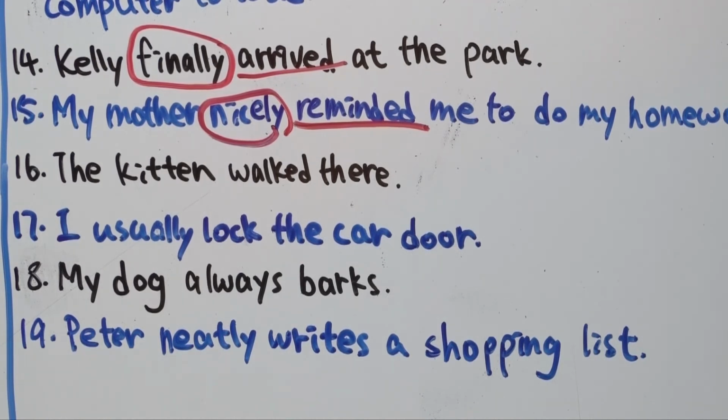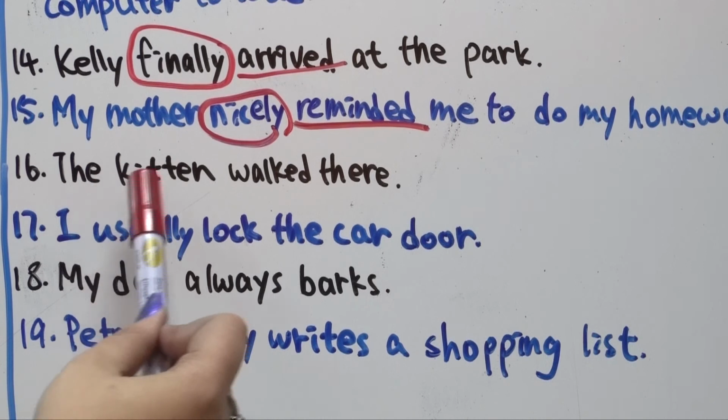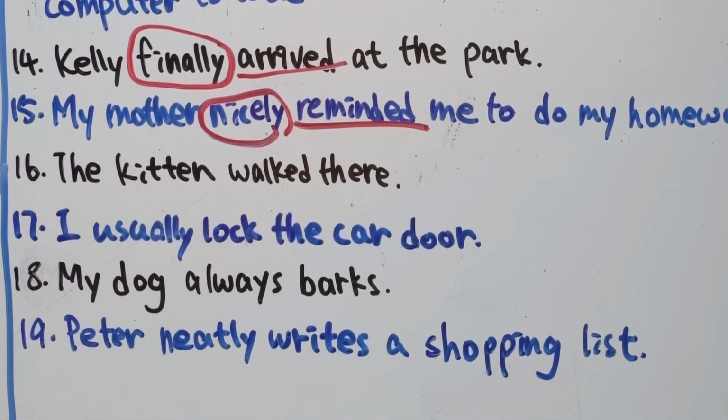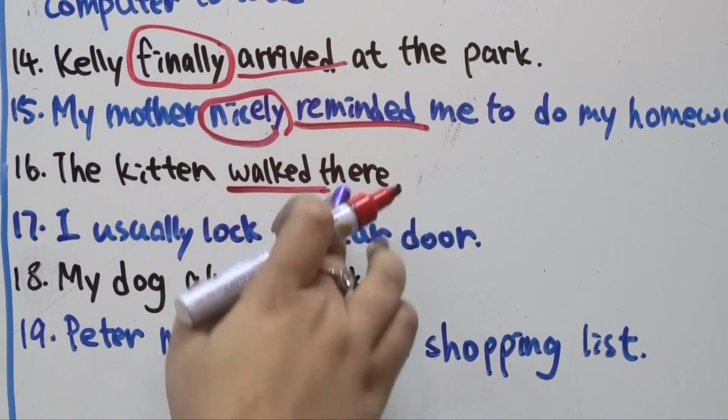Number 16. The kitten walked there. Do you know what a kitten is? A baby cat, okay? So the kitten is the subject. Which one is the action? Which one is the verb? The action is walked, right? So you underline walked.